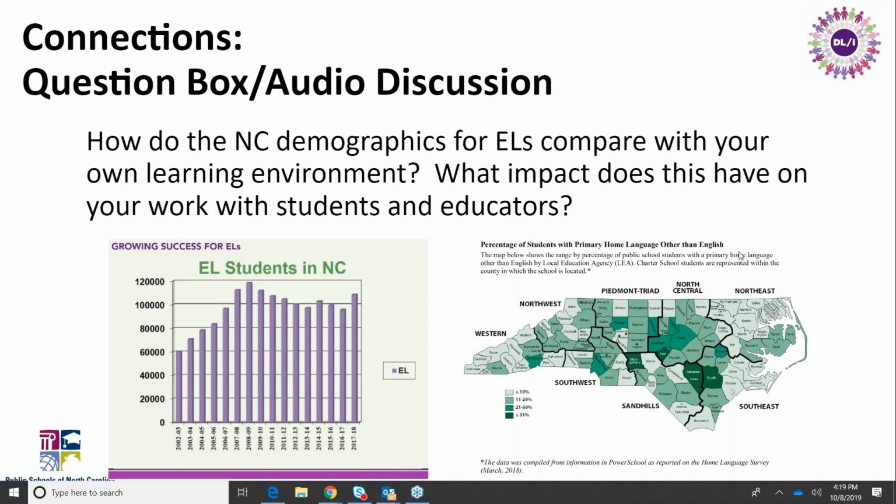So having said that, I feel that the demographics are very similar. We are a charter school that has about 50 to 60% Hispanic population, and the EL identified students are about 36 to 37% of students in my school. So we have a very high population. So I would say that resonates with the demographics of the state.